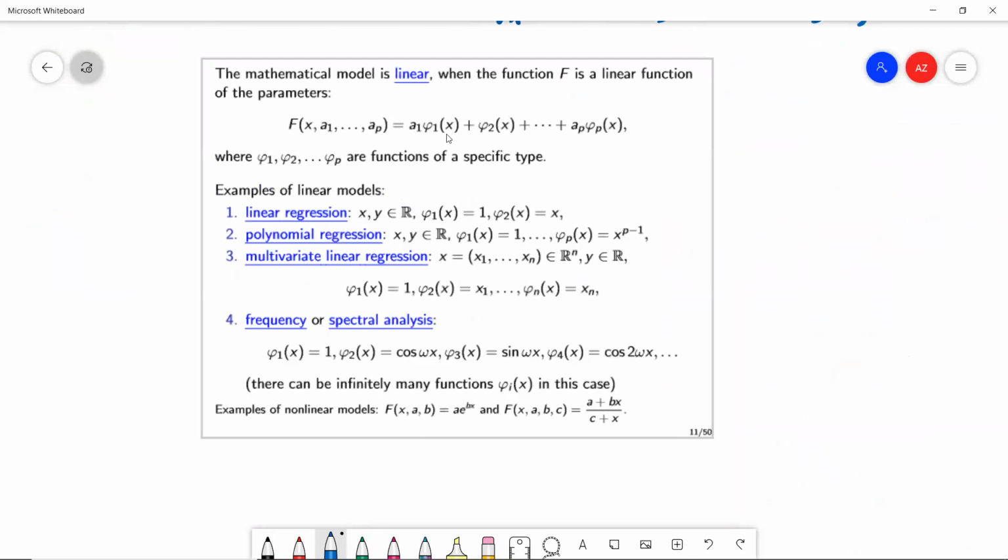So you see, linear regression is what we did. Then polynomial regression is also what we did. And then multivariate linear regression or multilinear regression requires, so we have tuples of x's, and for each of those x's we have its own a, and then those phi's are just so phi 2 refers to a1 x1, and then phi n refers to an xn.